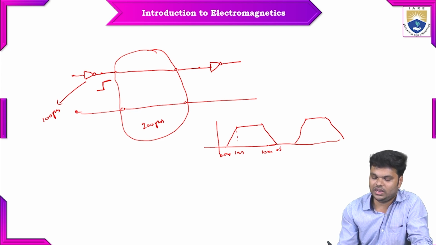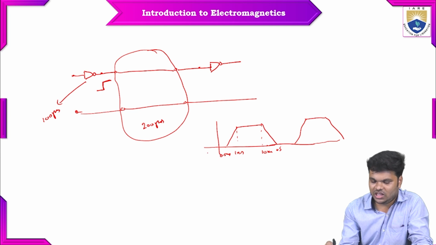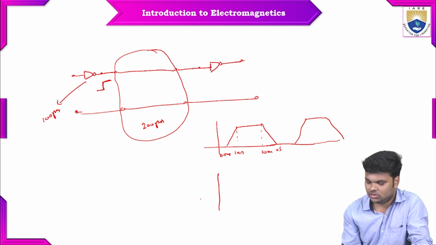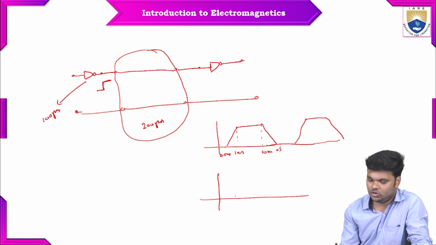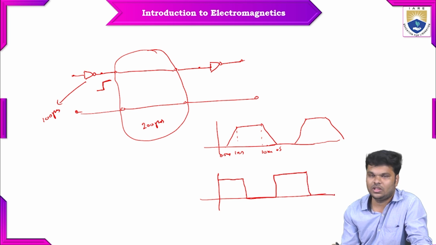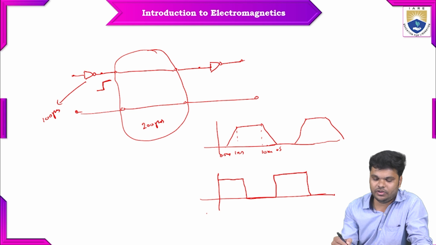So to switch from low to high, it takes 0.5 nanoseconds, and to switch from high to low, it takes 0.5 nanoseconds. And if I see the output at these two terminals, let's assume that I have a square waveform as output. It should be something like this, right? But if we take all these delays into account, then the actual output will be like this.